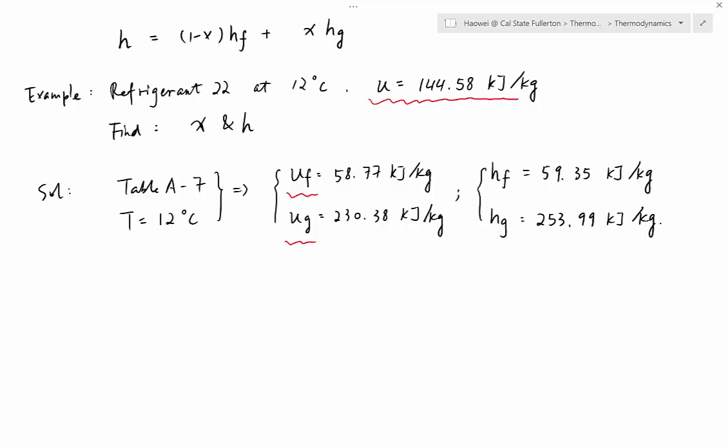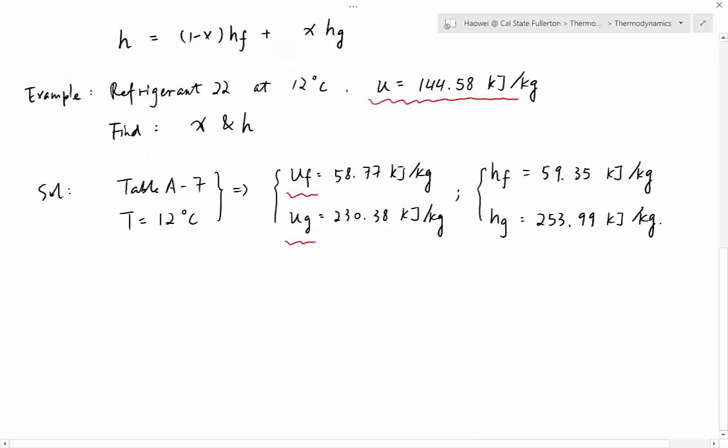What if our actual u is lower than uf? Then the substance will be subcooled. What if the actual u is even higher than ug, which means it has more energy than saturated vapor? That means the substance must be superheated. So by comparing those three numbers, we can find out what phase the substance is at.